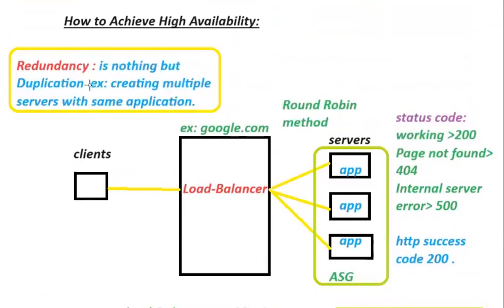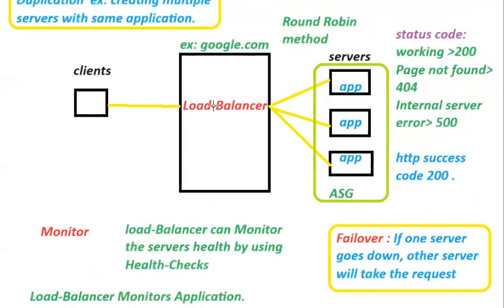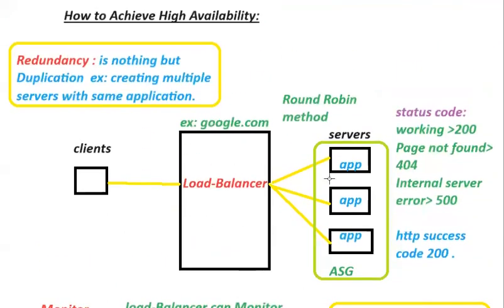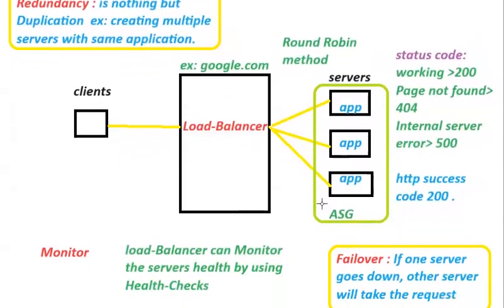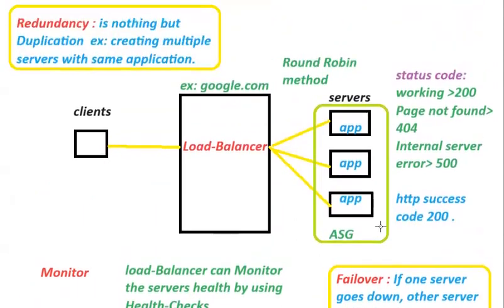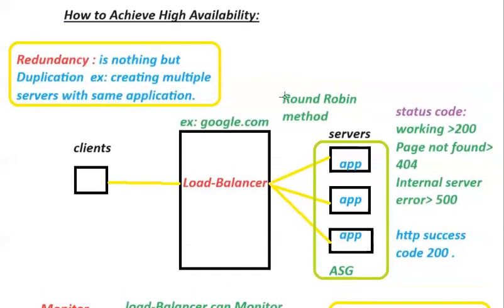In this video, I hope you understood what redundancy is, what the status codes are, how to create this highly available architecture, what failover and monitoring are, how to get zero tolerance, what an auto scaling group is, and how the load balancer sends the traffic to the servers. I think you have a good idea of all these things from this video.